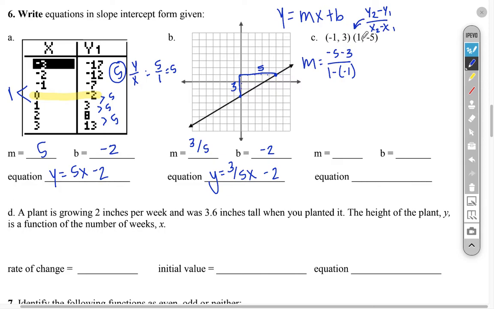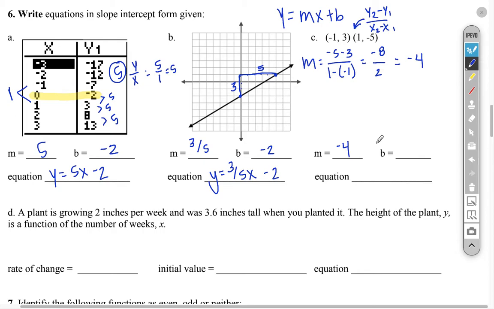Right, so we have -5 minus 3 is going to give us -8. And then 1 minus -1 is going to be 1 plus 1, which is 2. And -8 over 2 can be simplified to -4.